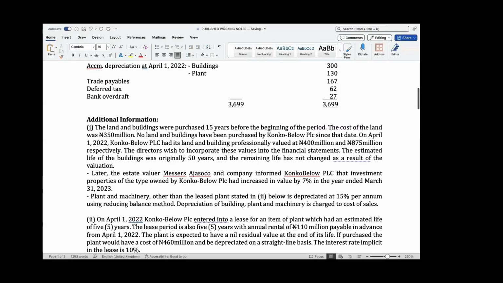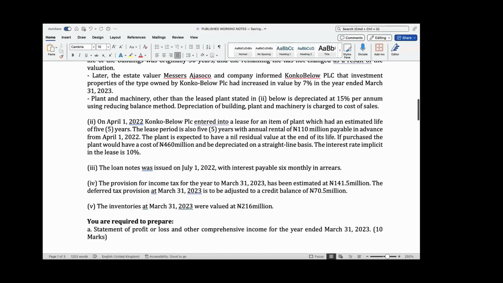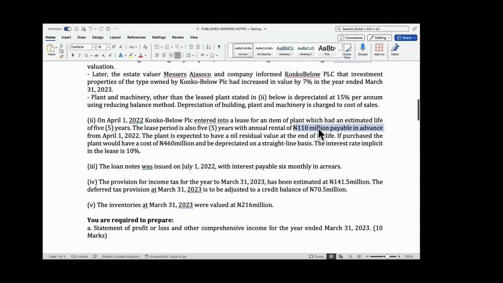The examiner gave me the annual amount, and this amount is payable in advance, meaning they have already paid the first year amount. So the liability now will be in respect of the remaining 4 years.